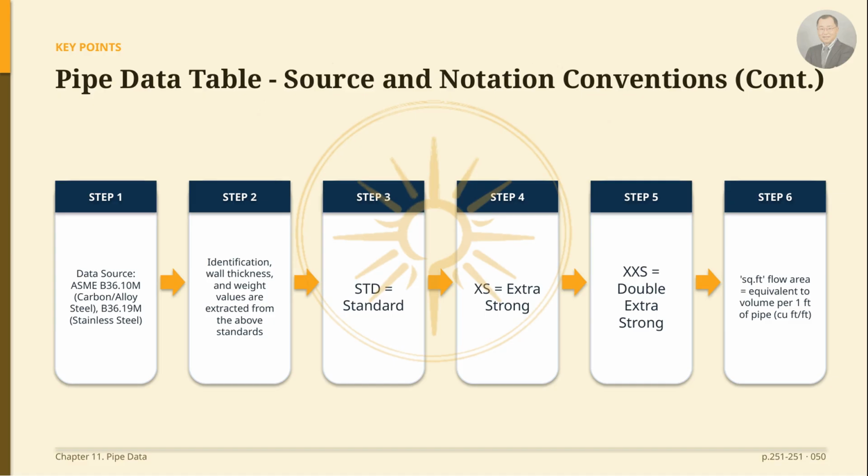Additionally, the transverse internal area values listed in square feet can be read directly as the volume in cubic feet per foot of pipe length. Since this convention is applied consistently throughout the table, you can use the cross-sectional area values immediately to calculate the volume held within the pipe.